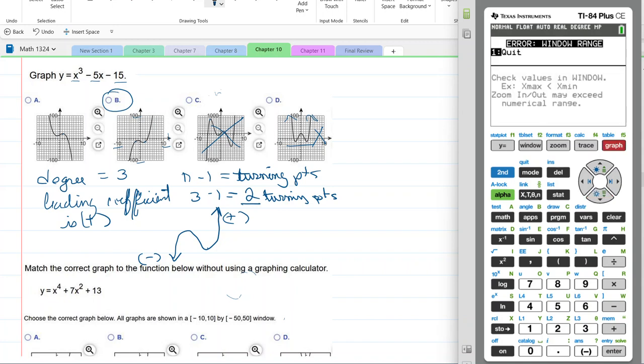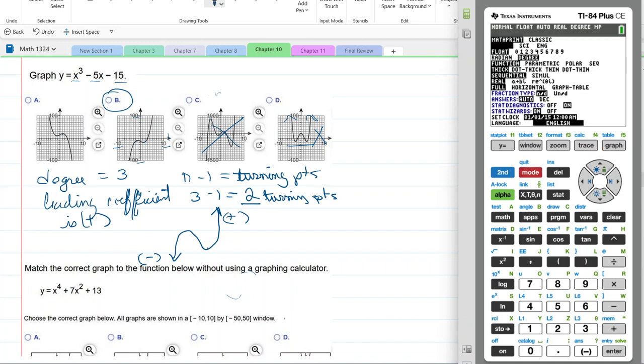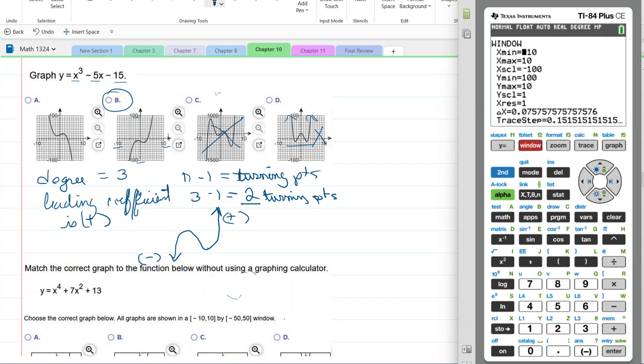Oops. Let me look at my window. Let me enter. What did I write on my window? Hold on. Negative 10, positive 10, negative. Did I put a minus instead of a positive 100? Yeah, I got it right. Y min.